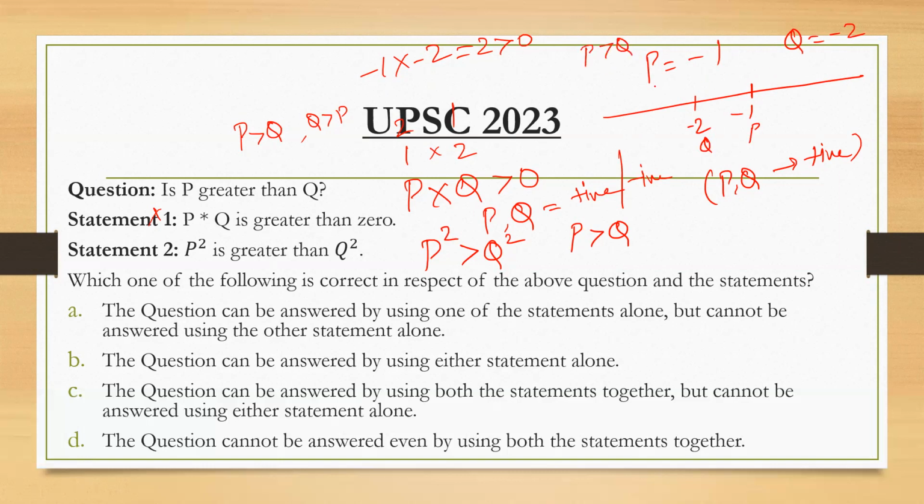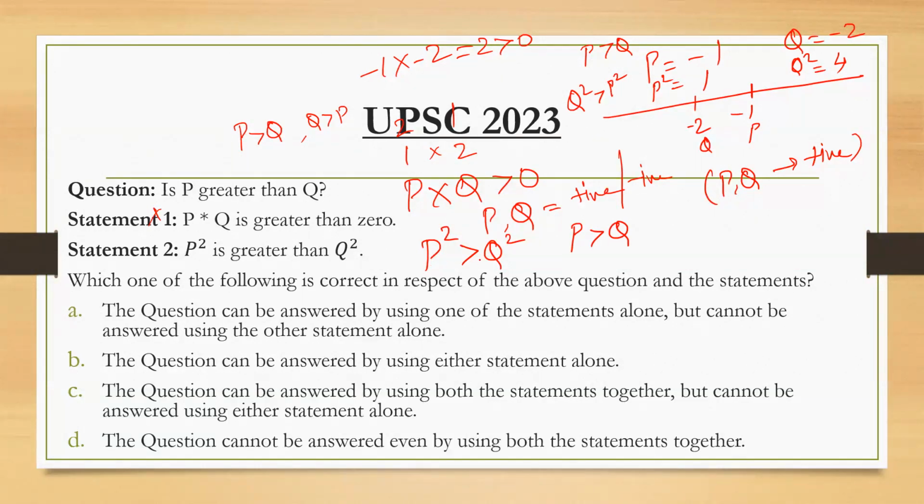But what happens when I square it off? P square becomes 1, minus 1 the whole square is 1. Q square becomes what? 4. So what do I observe? As soon as I squared it, Q square is greater than P square. So you can clearly see a change in sign. Earlier it was P greater than Q, now it is Q square greater than P square.